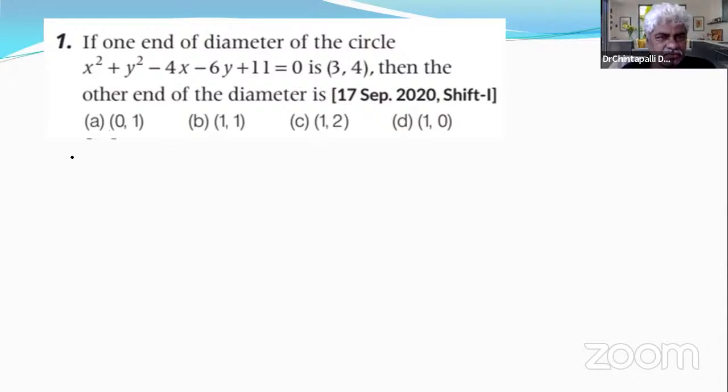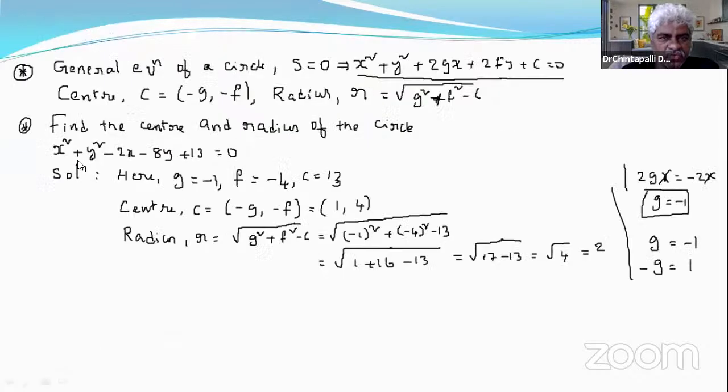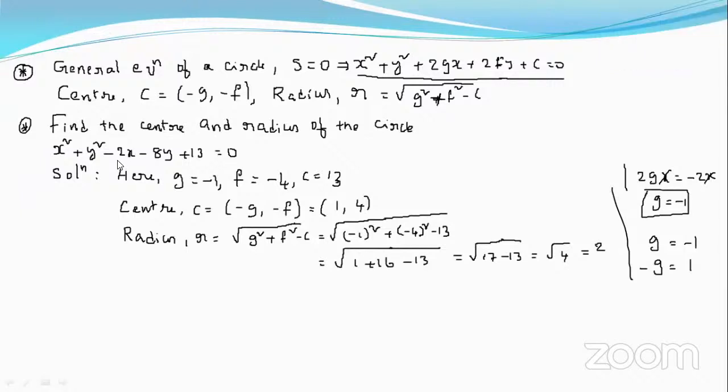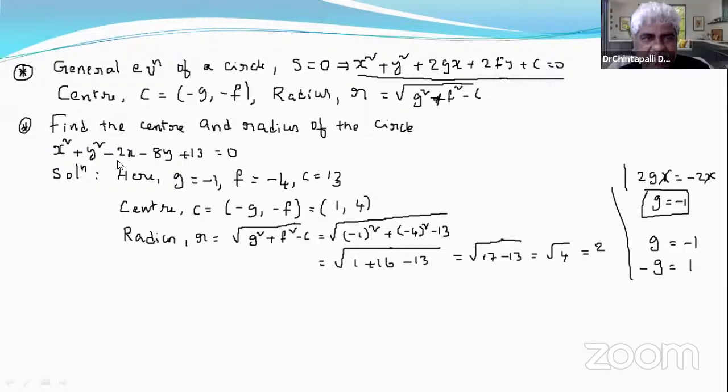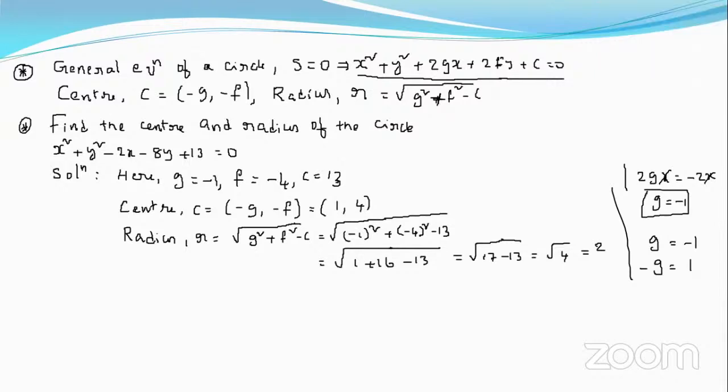What is g here? Do you remember? We found g by taking half of the x coefficient. What is the x coefficient here? -2.